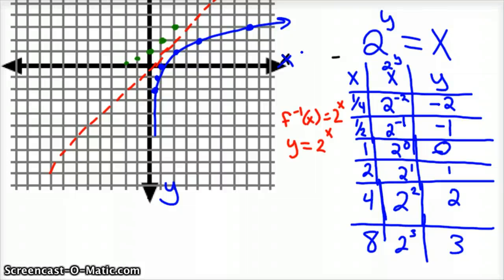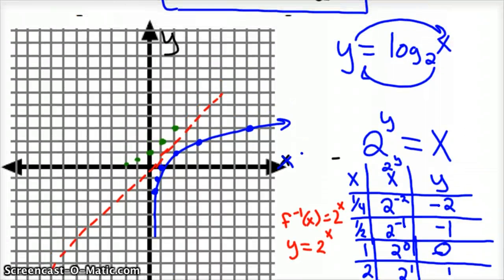So 1, 2, 3, 4, 5, and I'm out of room here, so we'll swing up. 1, 2, 3, 4, 5, 6, 7, 8.